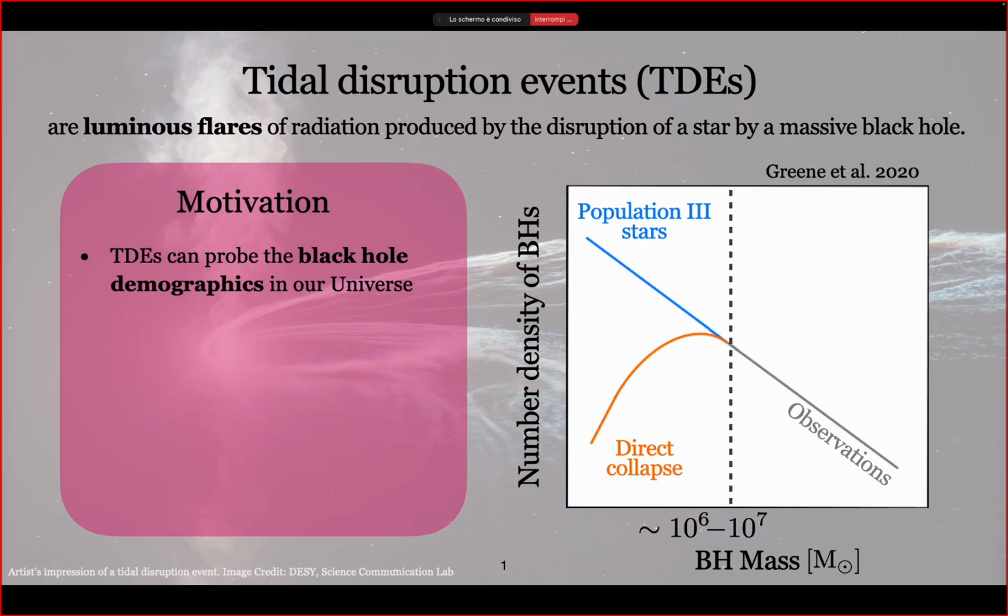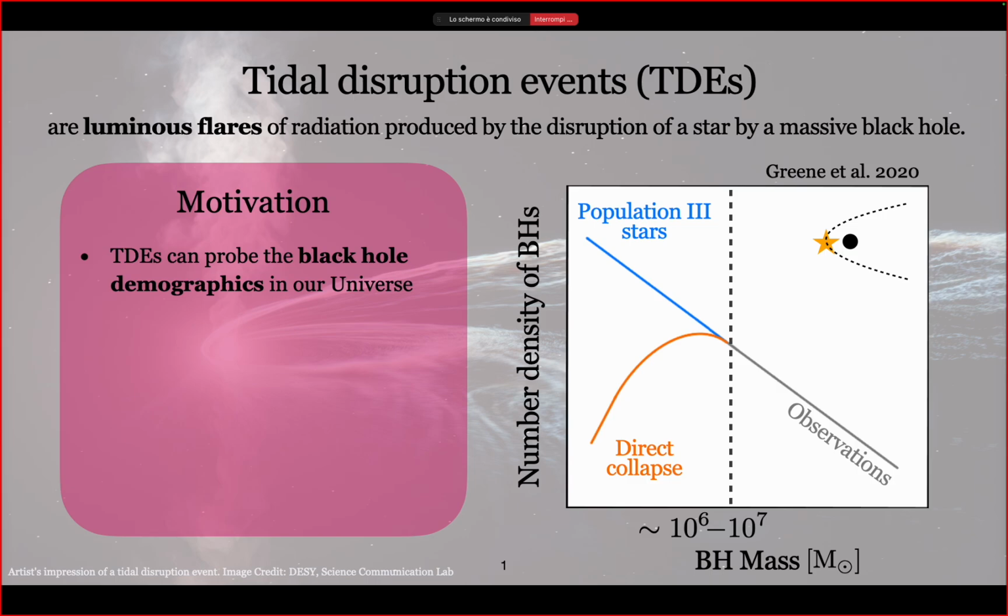So why are TDEs useful? As I was saying, a TDE happens when a star gets disrupted by the tidal pull of a black hole, and for that to happen, the star needs to come close enough to the black hole. However, there is a limit on how massive the black hole can be.